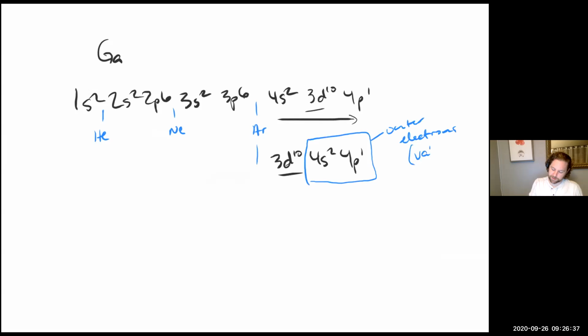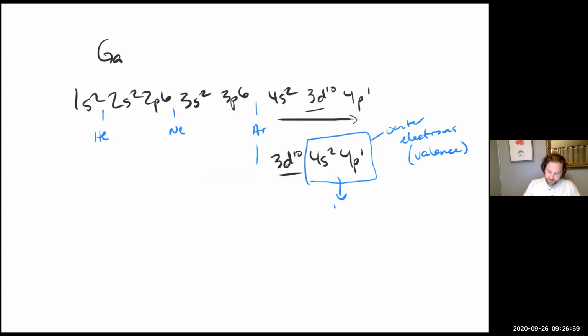So these are valence electrons, because valence electrons are only on the highest energy level. And then the d electrons, yes, they filled up after the 4s orbital, but the 3d electrons are still in the third energy level, so those aren't valence electrons. In terms of gallium, gallium has 3 valence electrons.